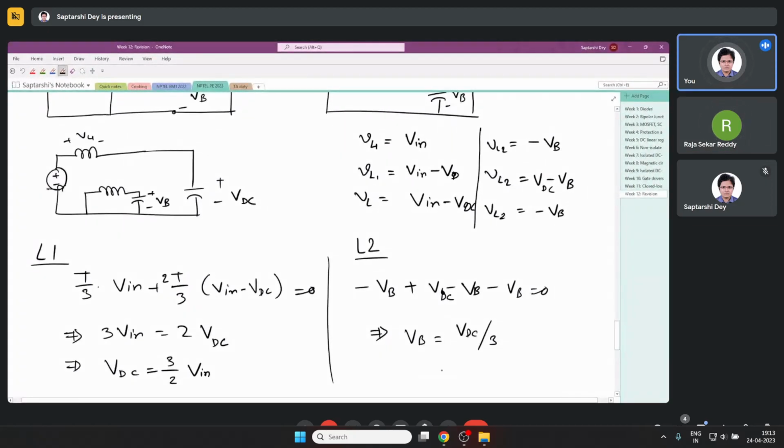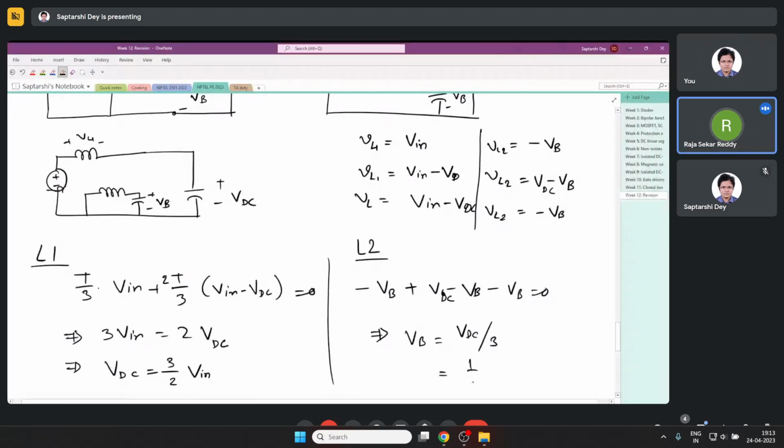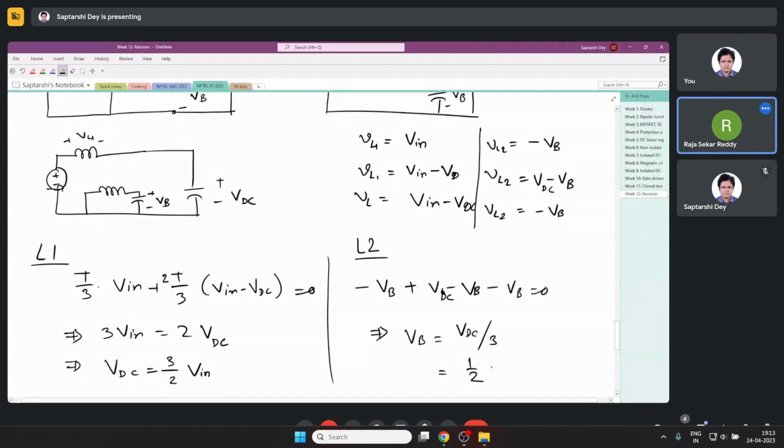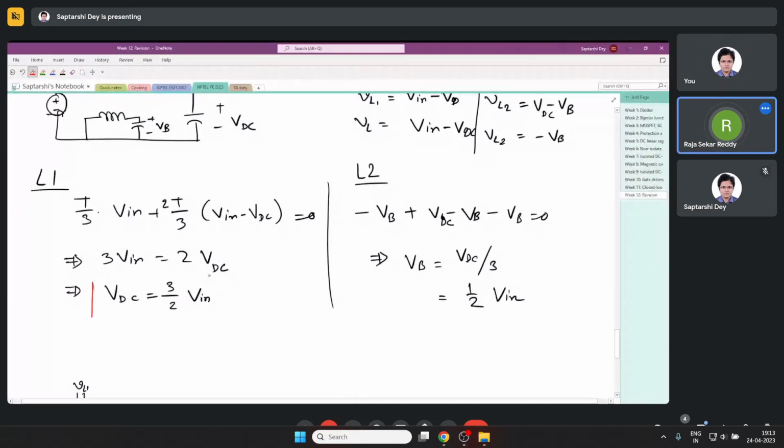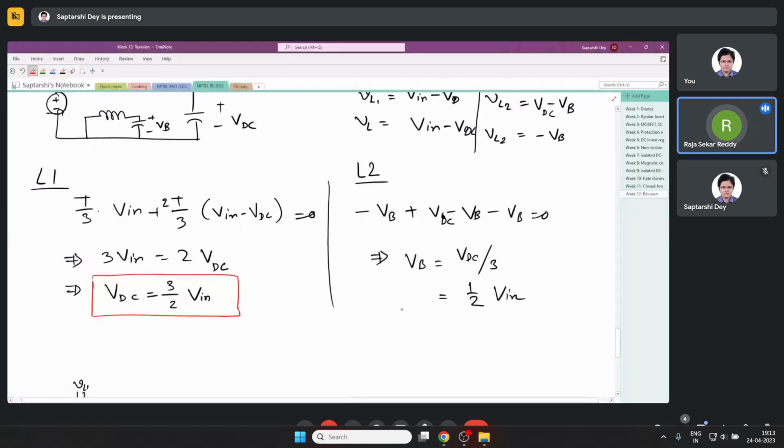Again, VDC is 3 by 2 V in, so VB is half V in, right? Yeah. So we have the relation between outputs and input, and then these two VB and VC.